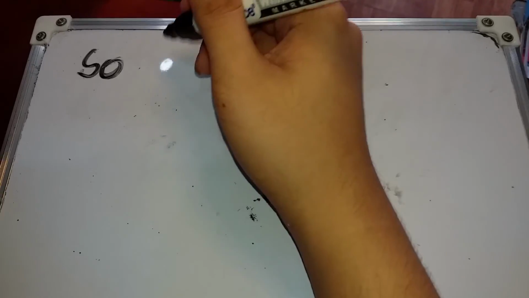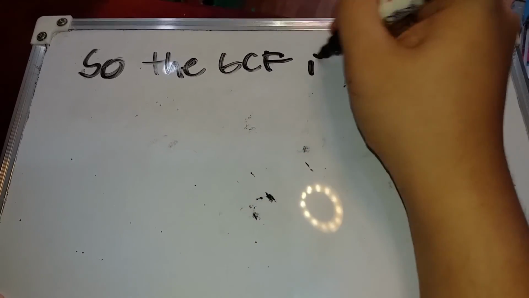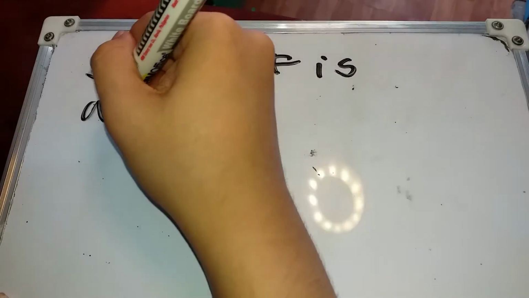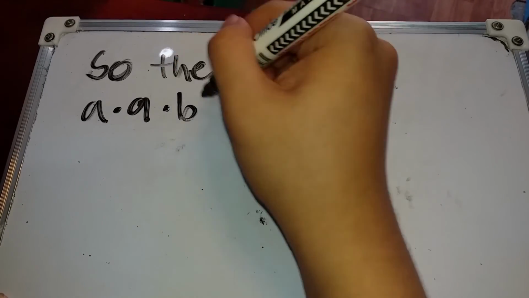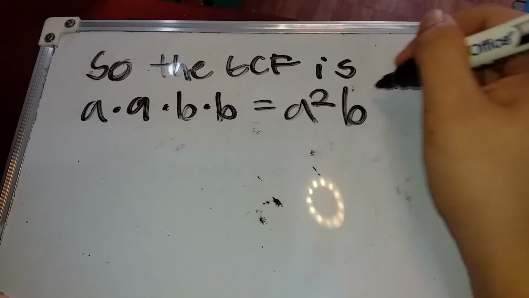So the GCF is a times a times b times b, equal to a squared b squared.